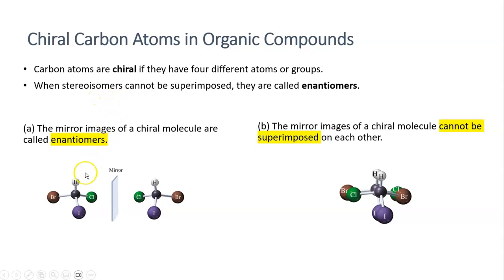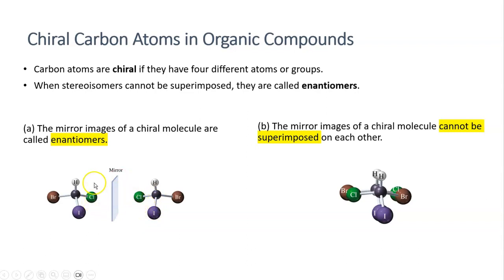If a carbon atom contains four different atoms or groups, we call it a chiral carbon atom. In this case, if that carbon atom is chiral, the mirror images are not superimposable, and such compounds are called enantiomers. That is one type of stereoisomers.